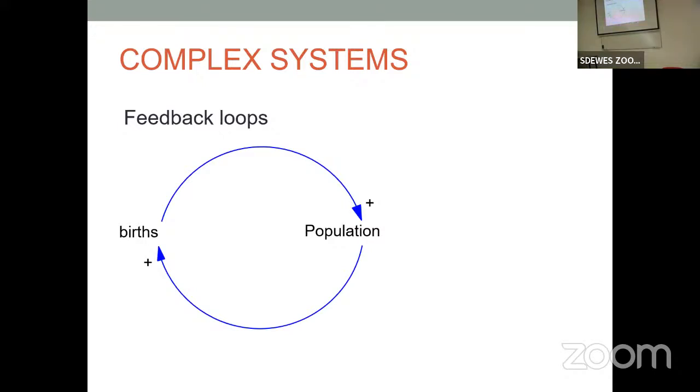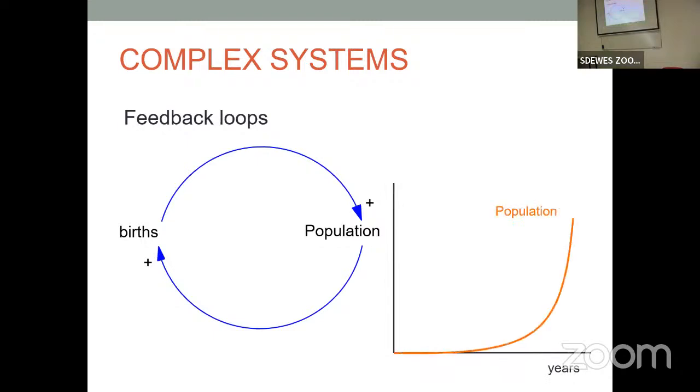This is a positive feedback. We call it positive feedback when, if there is no limit, the growth of the variable, in this case population, not only people but maybe rabbits or any kind of animal, will follow an exponential curve.